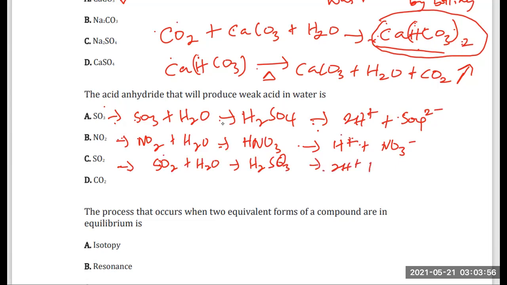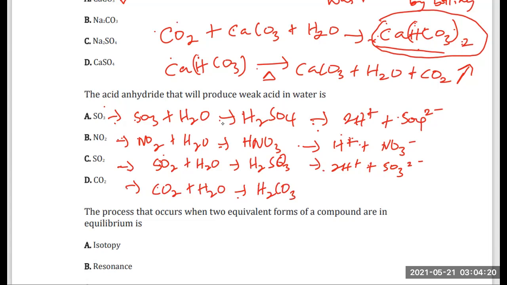So we are left with only one. If I pick the last option, that is CO2 plus water, I will have H2CO3.